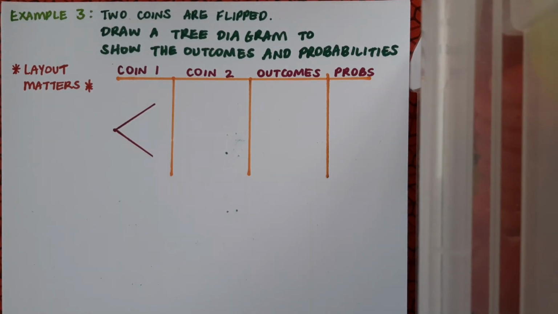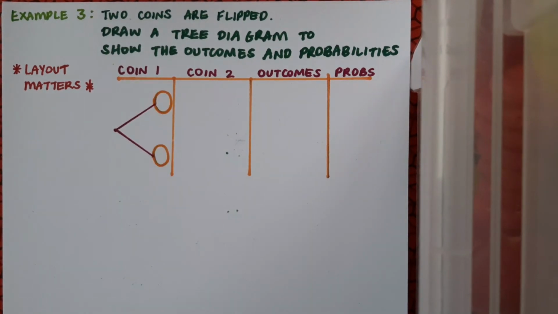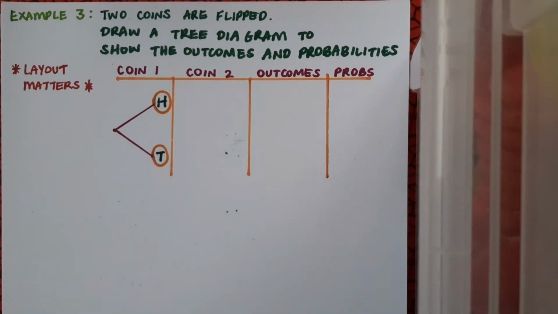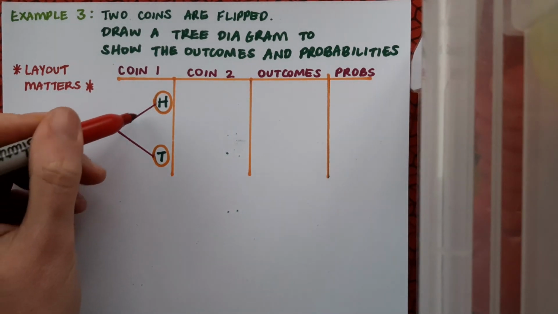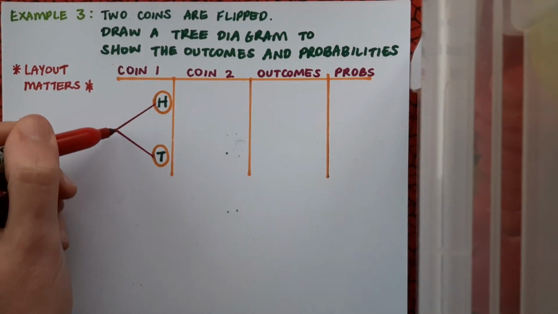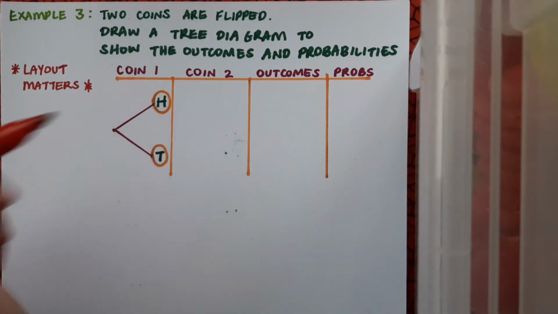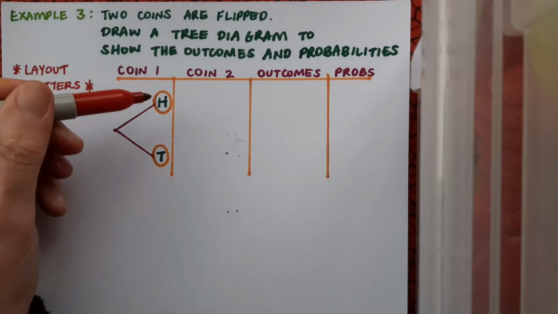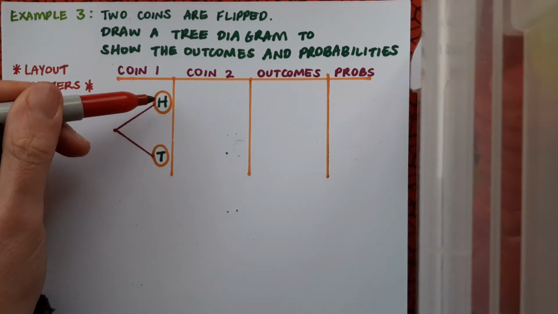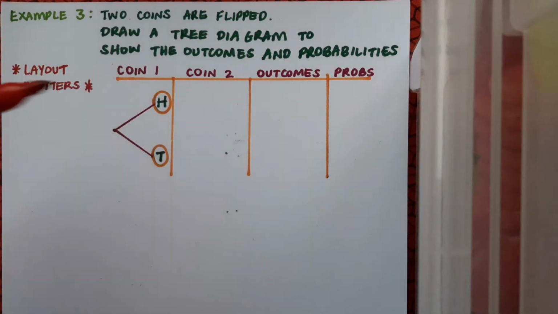And at the end of each branch, I'll put a bubble, and in that bubble, I'll write the outcome. So in this case, it's just heads and tails. But what's nice here is that I can put in an additional piece of information. So along each of the branches that I've drawn, I'm also going to fill in the probability of that particular outcome. So for example, in the case of heads in the first coin, well, I've got a 1 in 2 chance of getting heads.